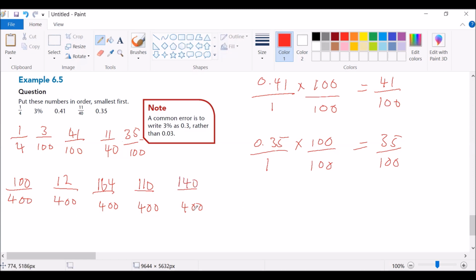Now they are in the same denominator. We can compare.